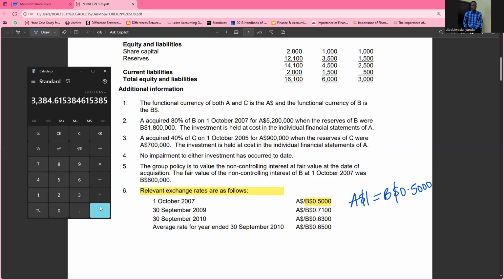Don't memorize anything. You don't need to worry. You just need to learn one simple thing and leave it. Don't stress yourself. The first thing is you need to determine the most valuable currency. It's already given that 1A is equal to 0.5 of B. So meaning now that B is more valuable.